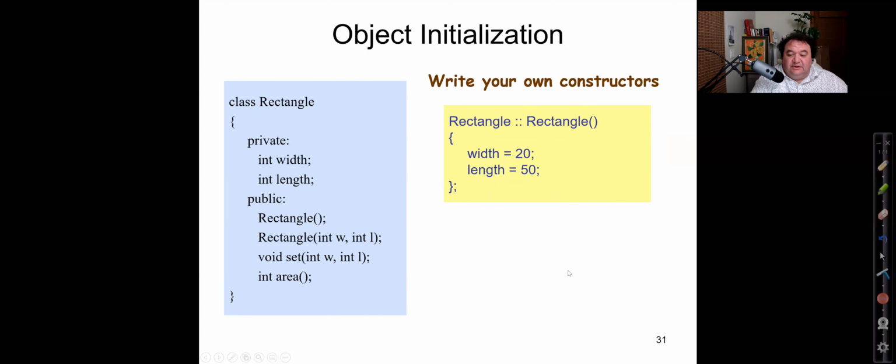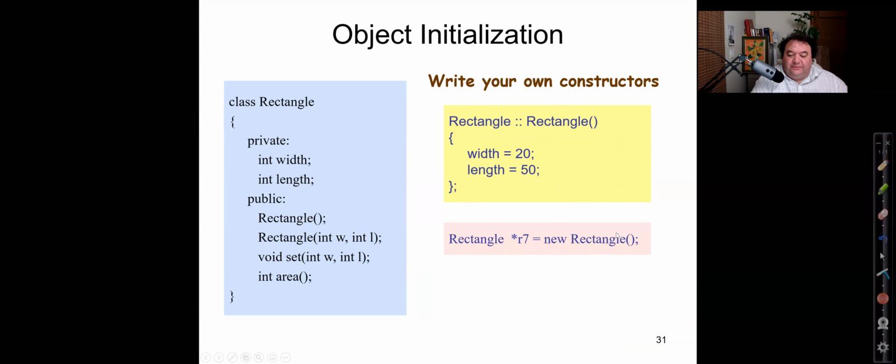So writing your own constructor is very simple. You create your signatures, and then in the definition you put the proper code. Let's say the rectangles by default have shape 20 by 50. This would be the default constructor with no parameters, right?